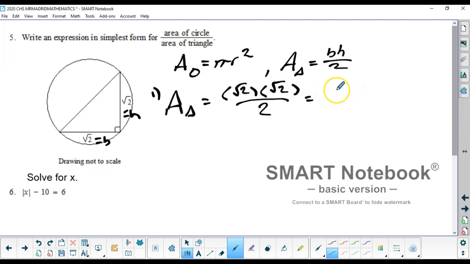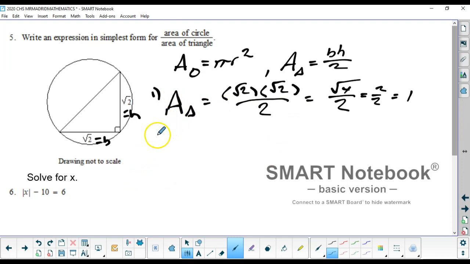So we get square root of 4 over 2. I know you guys can do it in your head, but it's important to know you can multiply both values under the radical, which is 2 over 2, which equals 1. So there's our area.